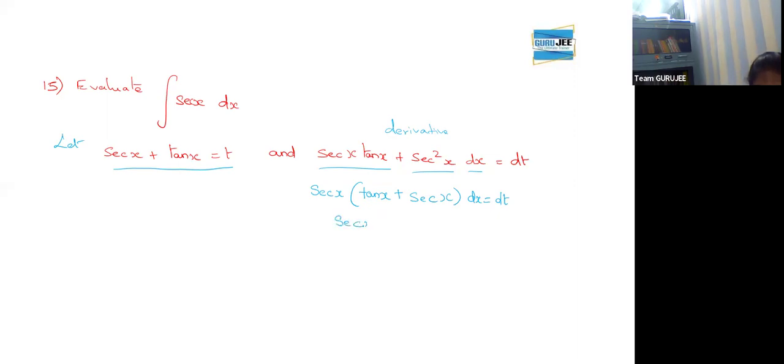Sec x dx equal to dt by tan x plus sec x, which we have already assigned equal to t. So dt by t.